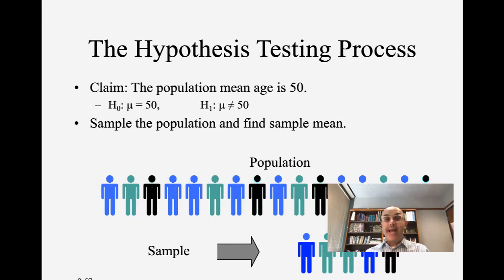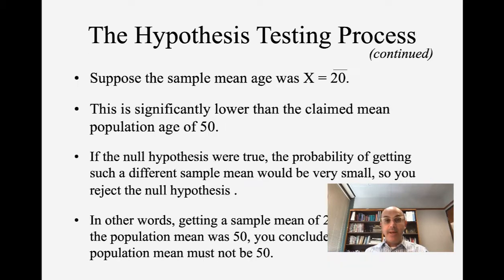So the claim that the mean average is 50, so mu equals 50, and the alternative hypothesis is not equal to 50. So we will take a sample, we will test it, and we will try to understand what it means.